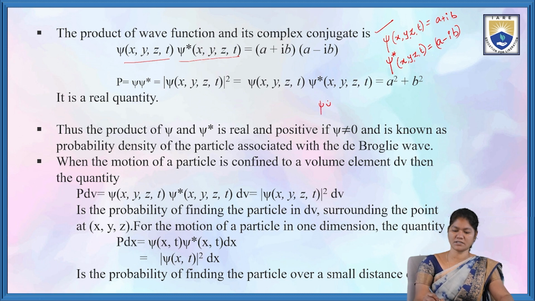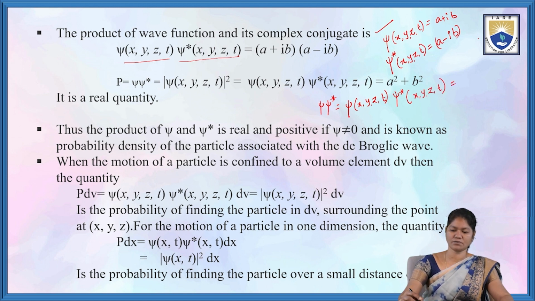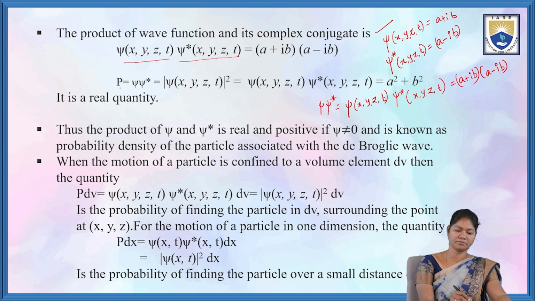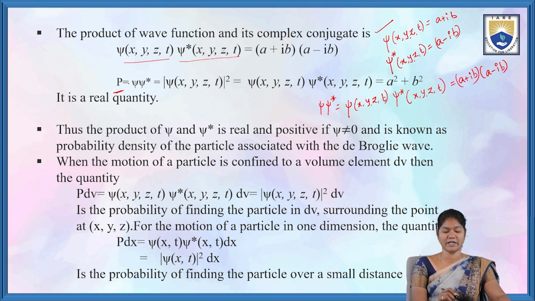So psi star times psi: ψ(x, y, z, t) multiplied by ψ*(x, y, z, t). The value of psi star is a plus ib into a minus ib. Let P be the probability of finding the particle.